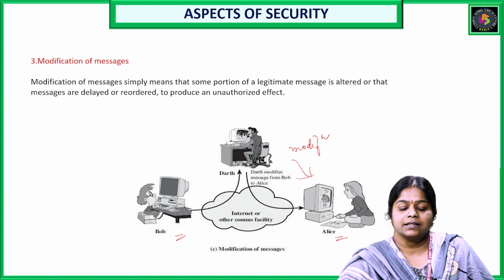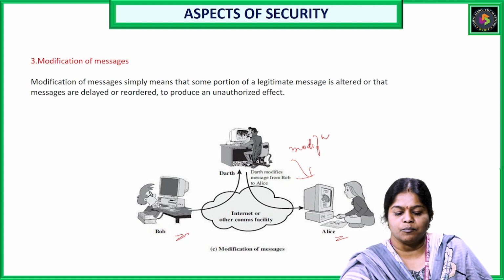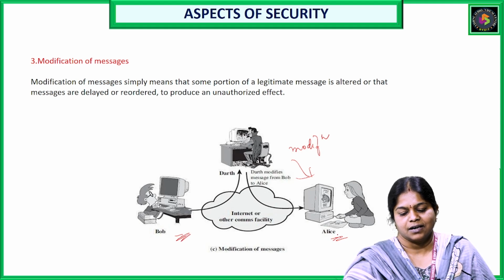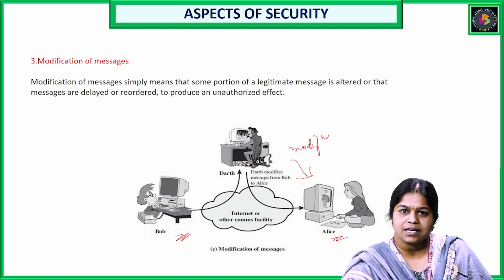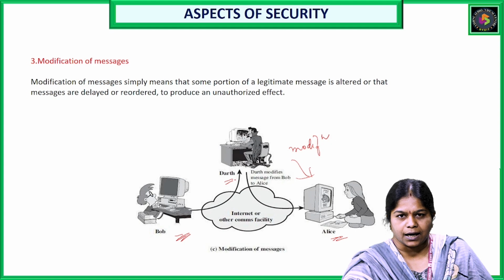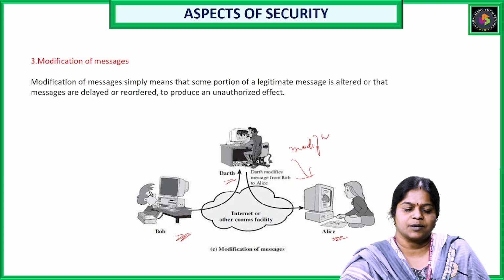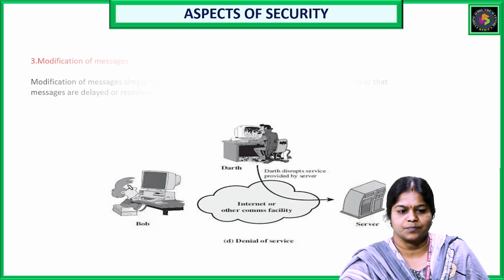That is, the original message has not been sent from Bob to Alice. First, the message has been received by the opponent, Darth, and he has modified the message and transmitted it to Alice. This is a type of modification of messages.